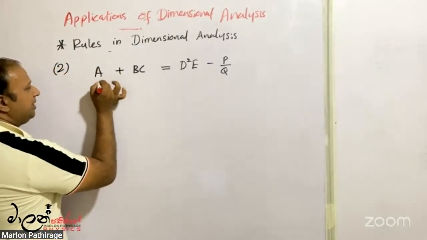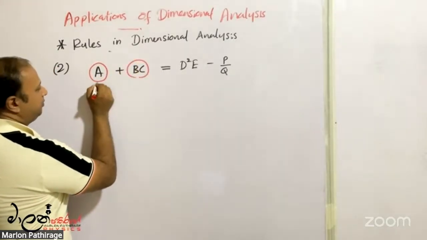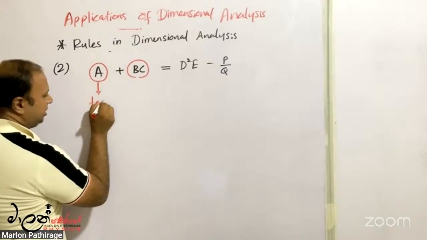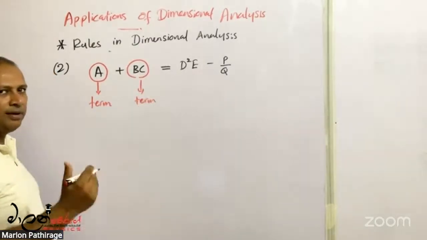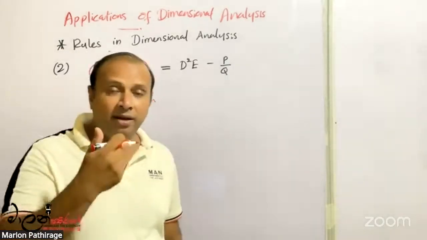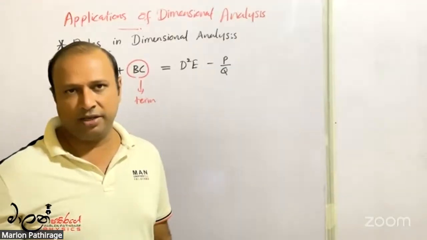That means this is a term, this one also a term, this is a term, this one also a term. You can understand what a term is using addition or subtraction.